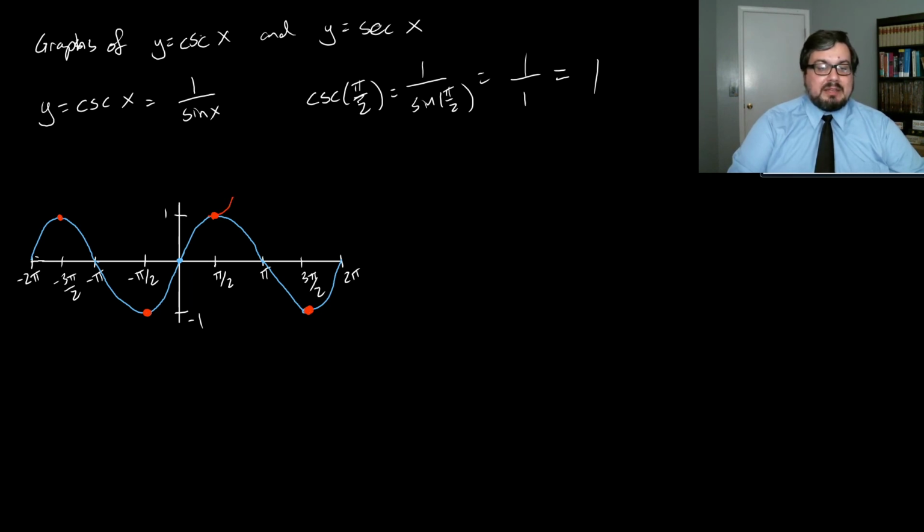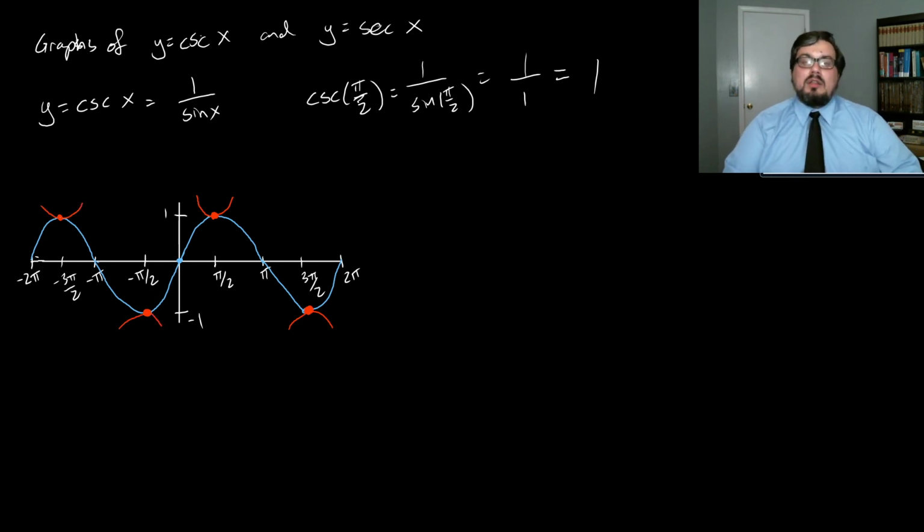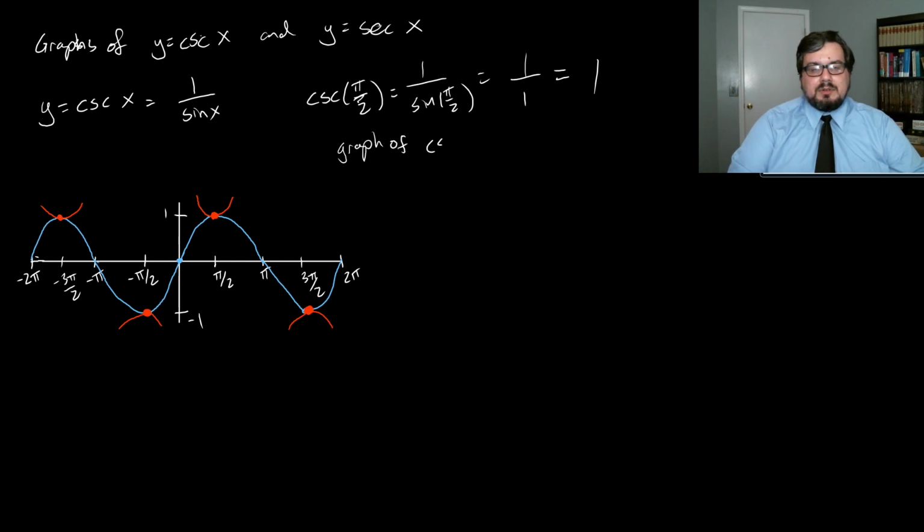So, for instance, at this peak of sine, that's going to be a valley of cosecant. And similarly, the graph of cosecant is going to come up and match the graph of sine at all of its peaks and valleys. Also note that the graph of cosecant has an asymptote.